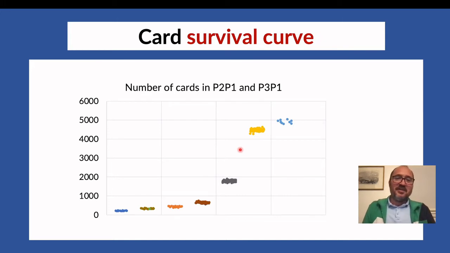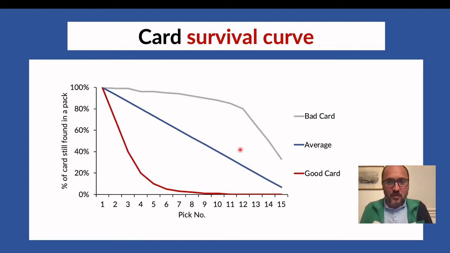And basically dividing one by the other gives me the amount of the card that is still left in the pack. So again, if I see the good card, say, and there was 4,000 of it in the beginning, because that's what I approximated, I will only see 20%, 800 of them by pick 4. And the bad card, I still should see roughly 4,000 because almost nothing disappeared.